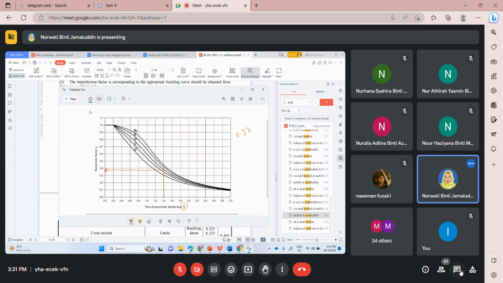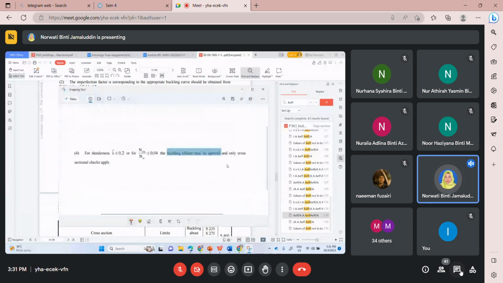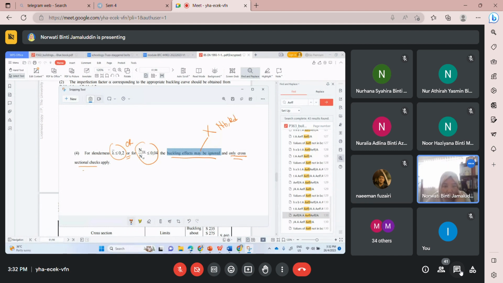What does that mean? It means that you fulfill either one, because it says or, mana-mana satu. So you can ignore the buckling effect, meaning that you do not have to compute the value of NbRd. Instead, you focus on the cross section check only.